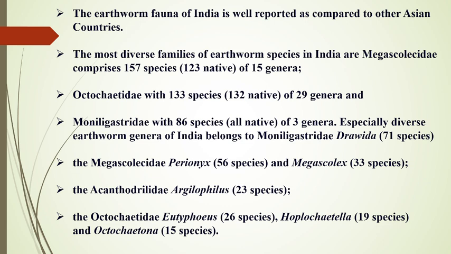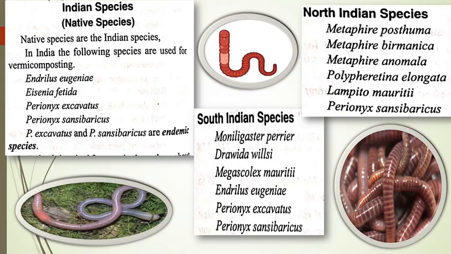The Acanthodrilidae: Argilophilus having 23 species, and Octochaetidae: Eutyphoeus having 26 species, Hoplochaetella having 90 species, and Octochaetona having 15 species. So these are some families and belonging genera comprising native species.